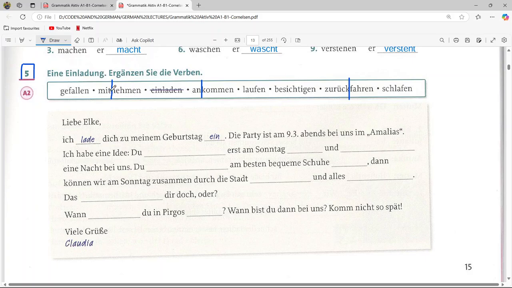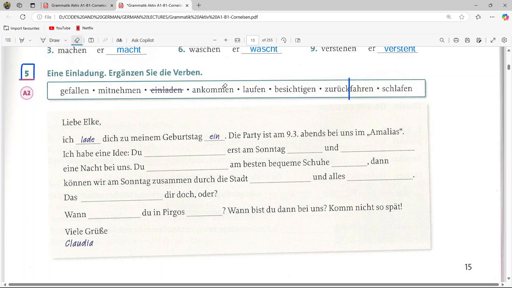If we use a preposition before that, it becomes mitnehmen, so it becomes another verb. Ankommen means to arrive. Fahren means to ride, zurückfahren means to ride back. So we add some prepositions or some words in front of them so that it becomes a new word. So this kind of verb is called the trennbare verb.